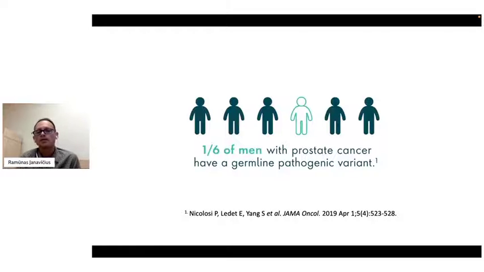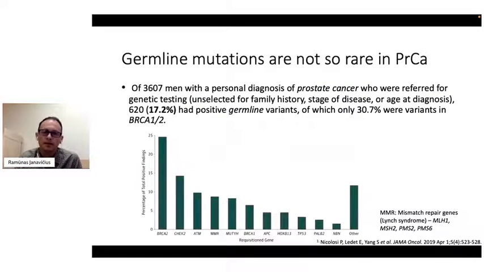So currently, the estimation is that about 16 or 17% of all prostate cancer can have a germline pathogenic variant, and that's data from a quite large study from a US group, where they found that about 17% of men with prostate cancer, unselected for family history, stage of disease, or age at diagnosis, had positive germline variants, and 30% of them were in BRCA1 or 2. And again, the top is the BRCA2 gene.